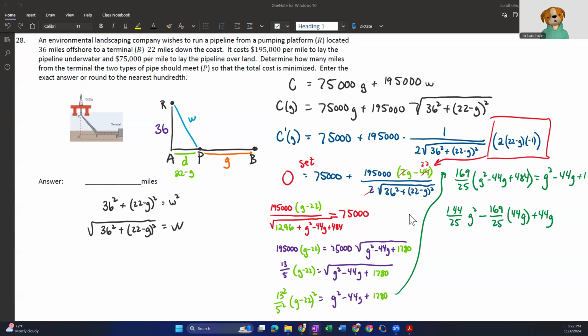And then we've got 169 over 25 times 44 minus the 1,780 that we had before. Oh my goodness. And now you can't even see it. Let's bring this over. Scale it down a little. Goodness gracious.